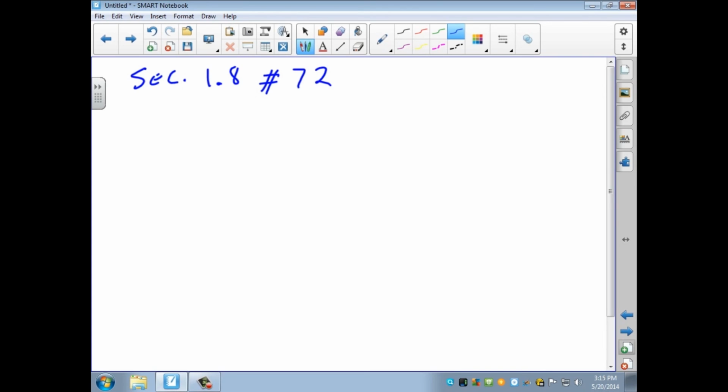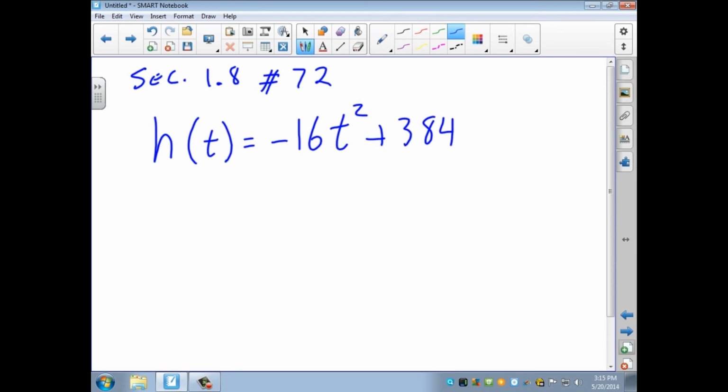A model rocket is launched vertically upward so that the height, measured in feet, t seconds after launch is given by, so the height as a function of t is given by minus 16 t squared plus 384 t plus 4.